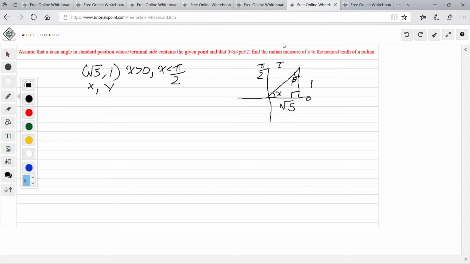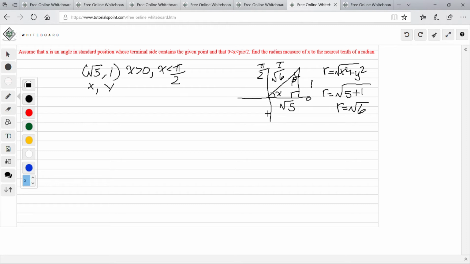So the radius is the square root of x squared plus y squared. So we know our x value is square root of 5, and squared that is 5. And then 1 squared is just 1, so radius equals square root of 6. That's the most simplified it can be.